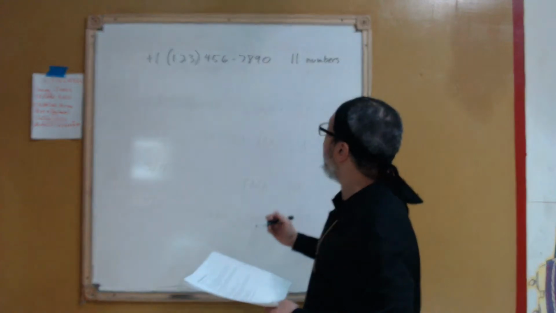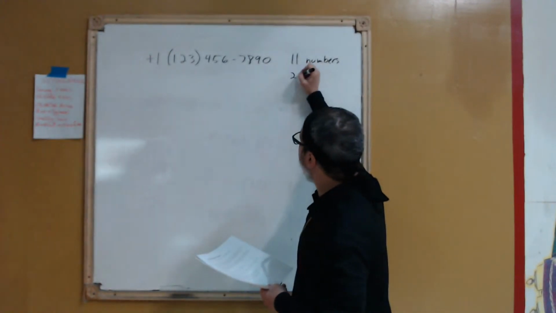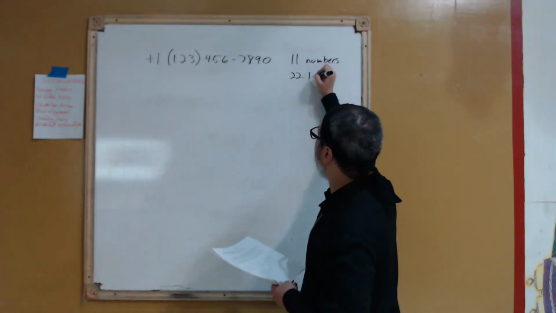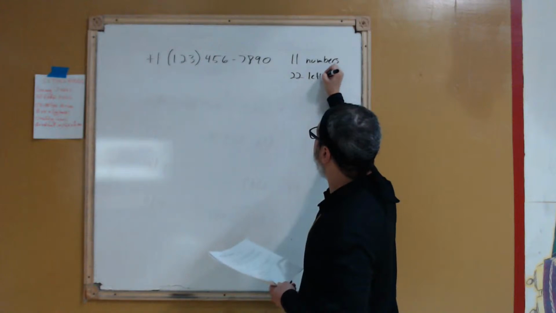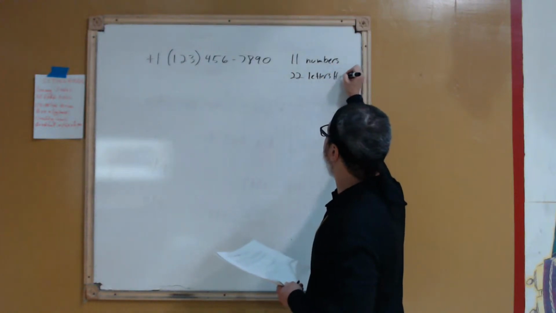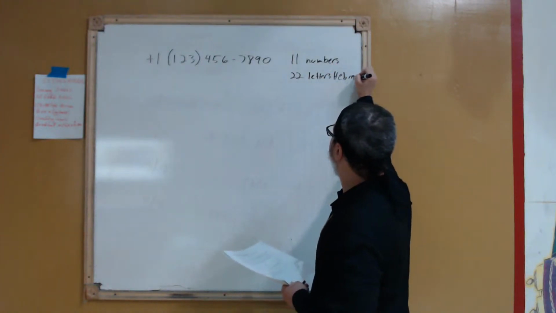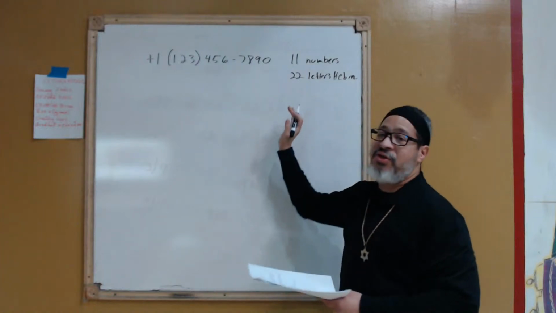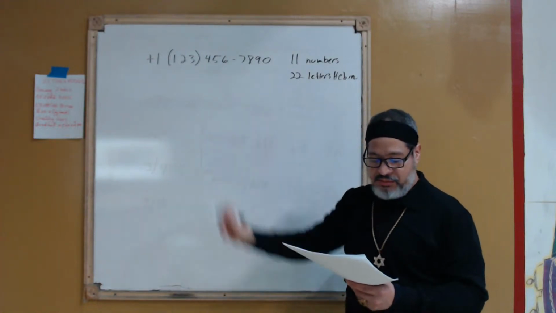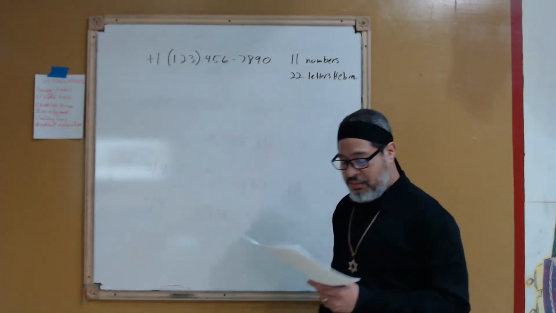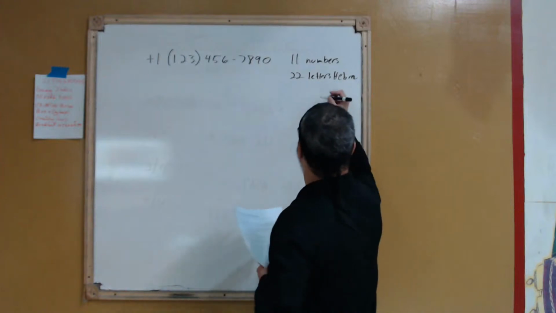So since there are 22 letters in the Hebrew, what we could do is 2 rows in the Hebrew.